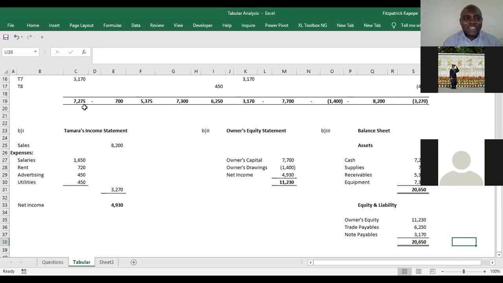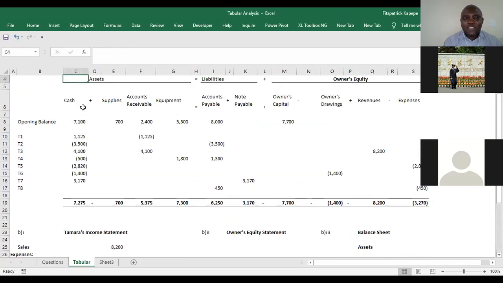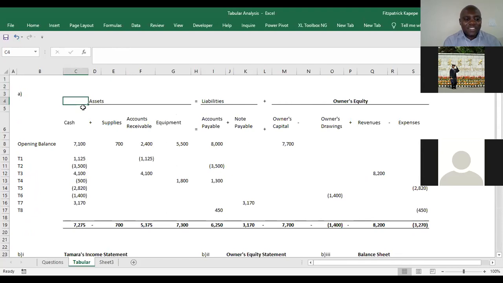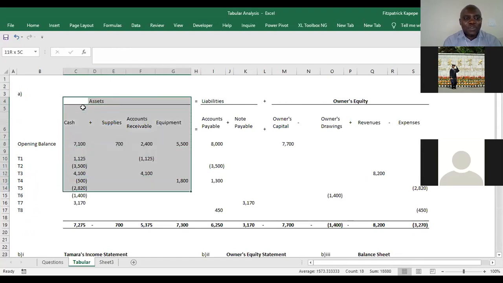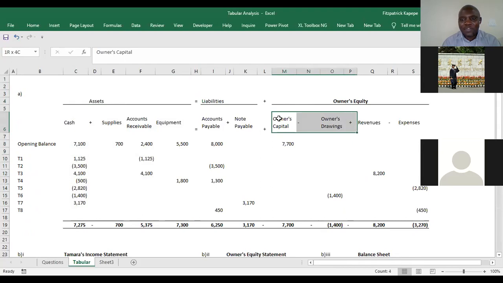Remember, guys, all we were doing on the balance sheet was, first, we found the assets. All these numbers in here, we were actually picking the totals. Then we came to the owner's equity statement. If you checked again, we picked this.